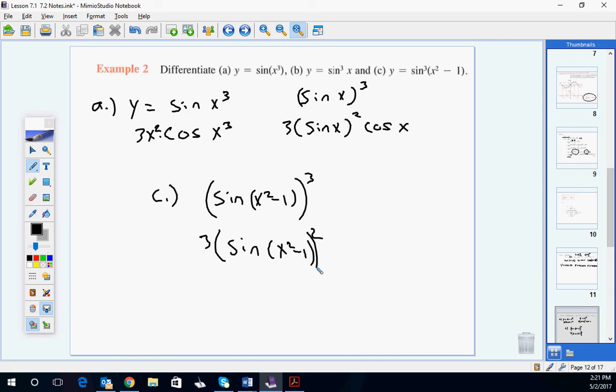Yep. You kind of have to do it twice because you're going to get cos of what's in here and then what's in there. Do you guys see that? It's kind of like a double chain essentially.